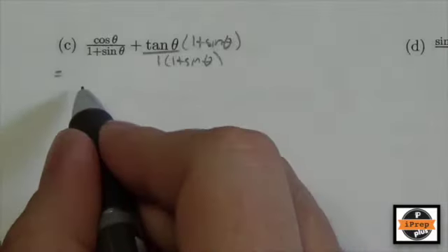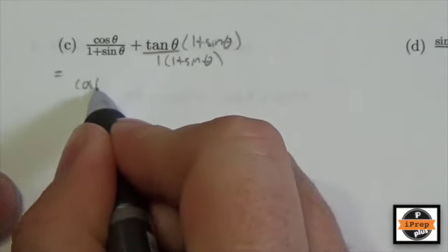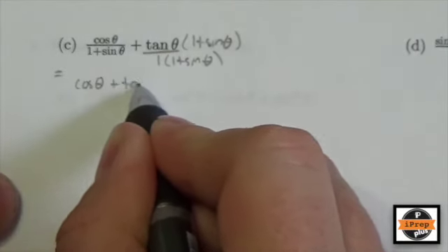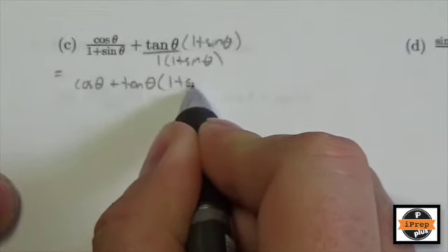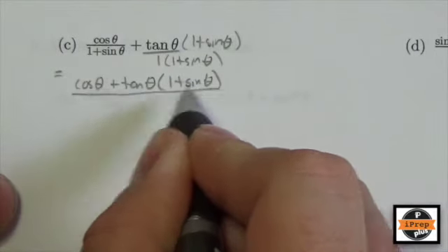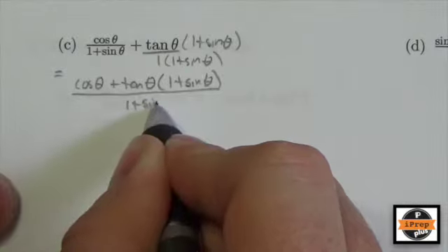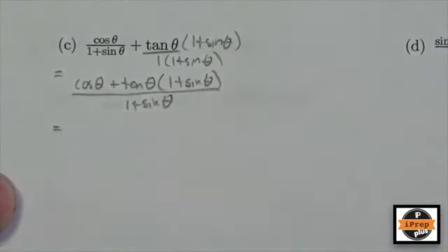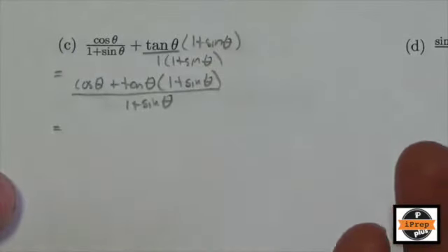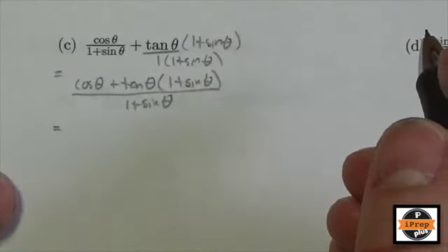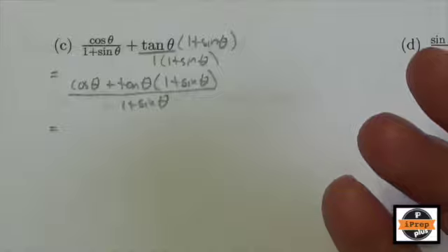And now my numerator will be the cosine of theta plus the tangent of theta times 1 plus the sine of theta, all over 1 plus the sine of theta. Good. Now that's done, do I see any Pythagorean identities? No. Any adding and subtracting of fractions?